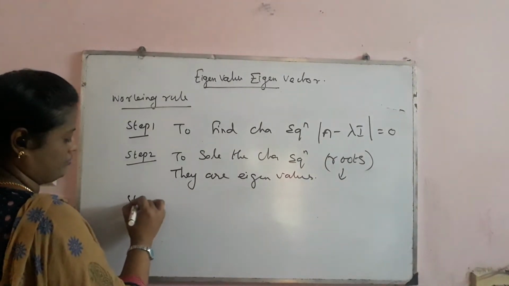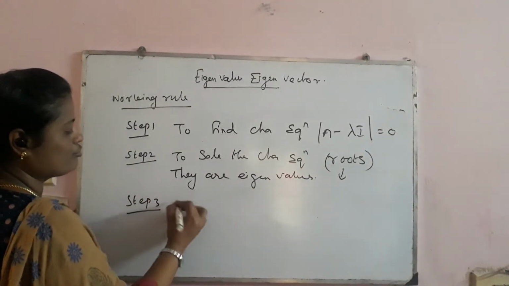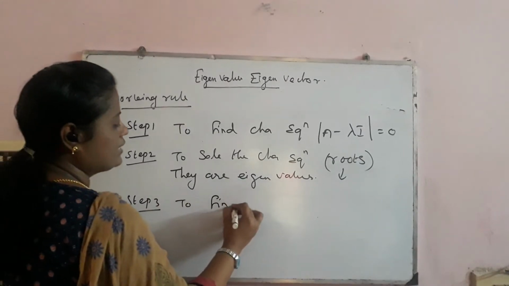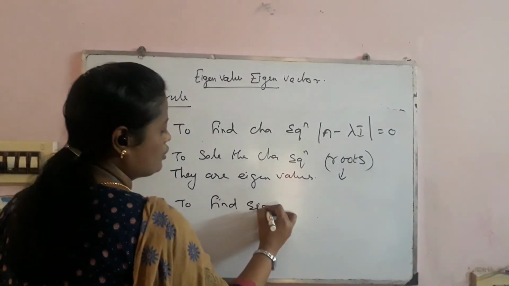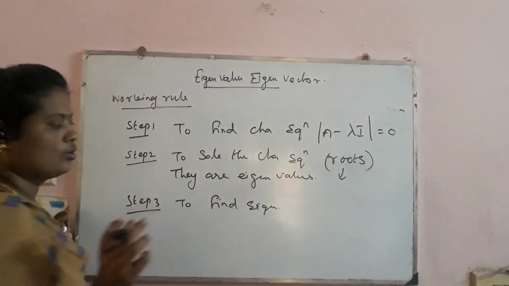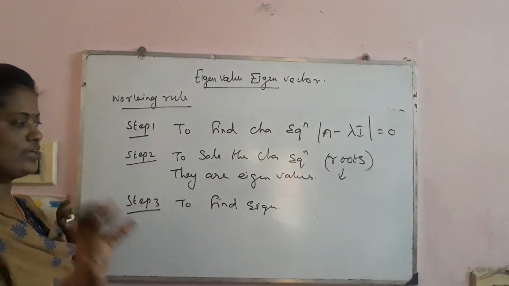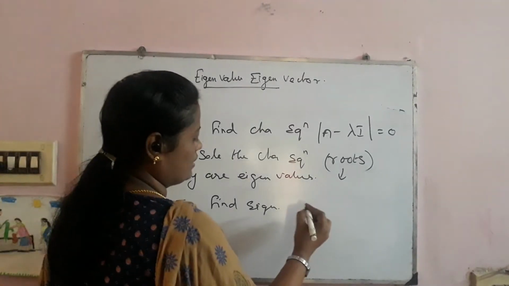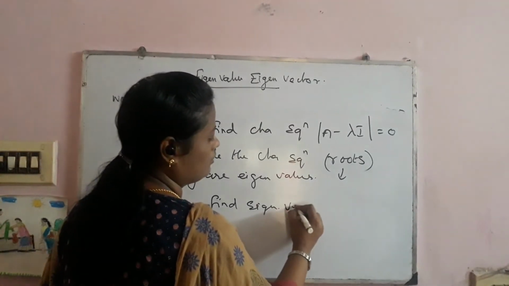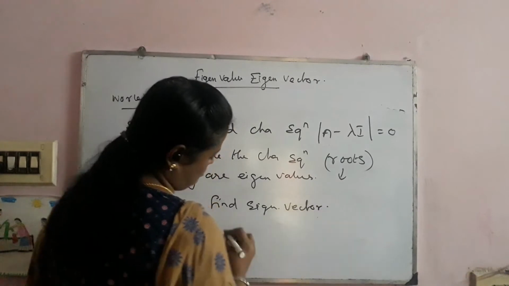Step 3, find the eigenvector. For finding the eigenvector, choose one lambda and a non-zero vector x.